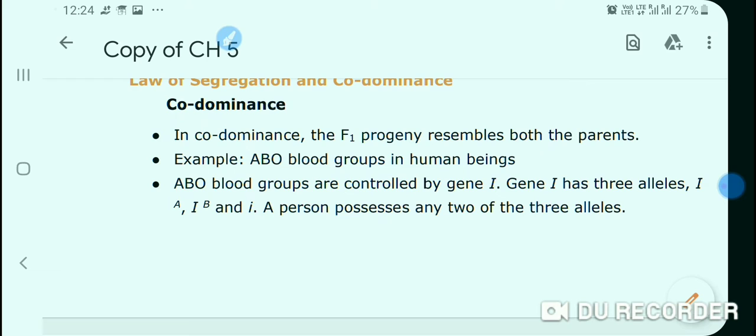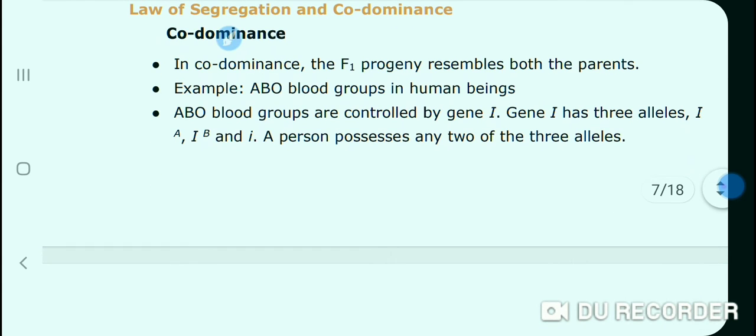Till now, we have seen only 2 types of alleles, but this is the case of multiple allelism, because there are more than 2 types of alleles in the population, not in a person. In a person there will be only 2 alleles, but in the whole population there are 3 types of alleles. A person possesses only 2 of 3 alleles.